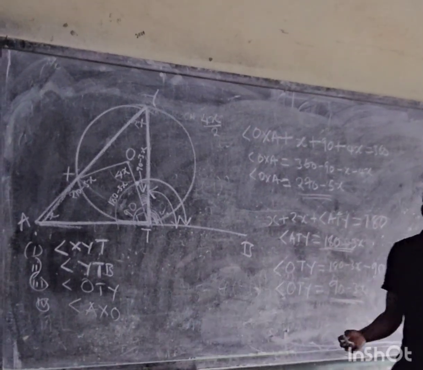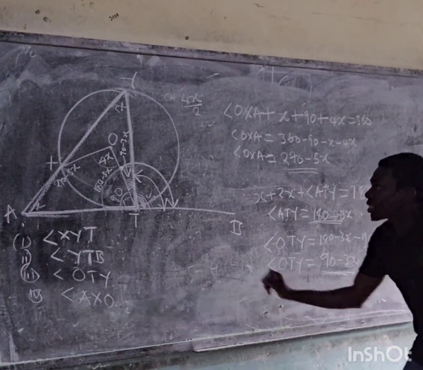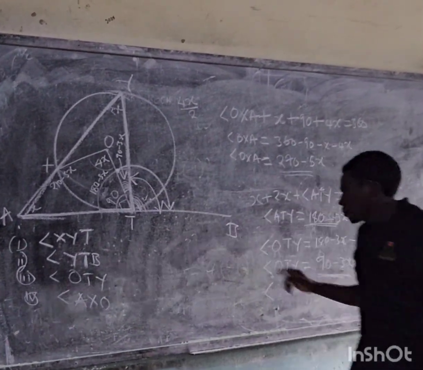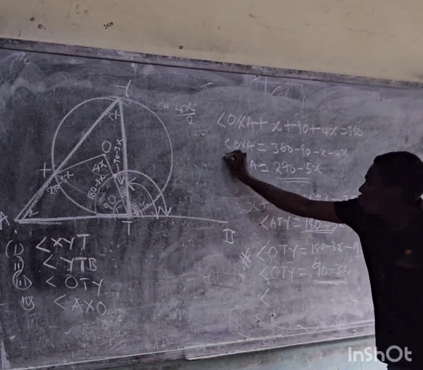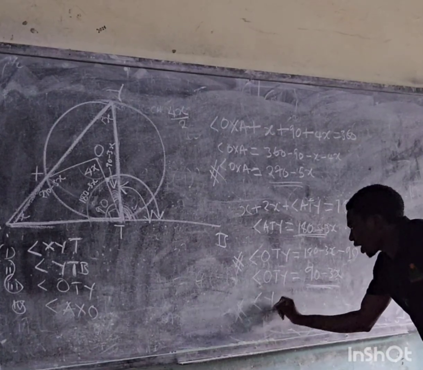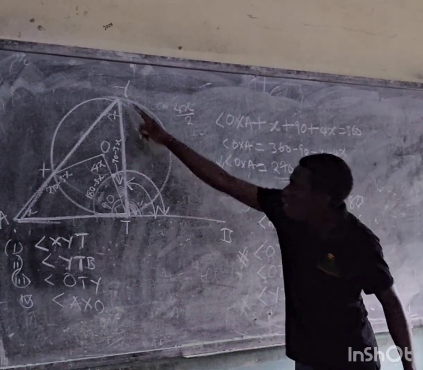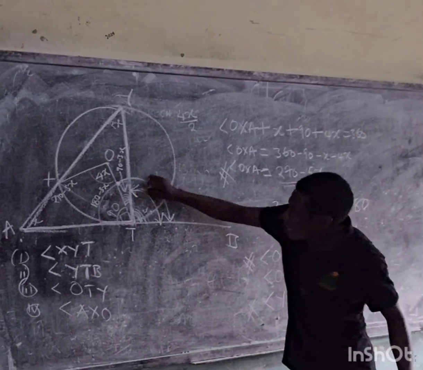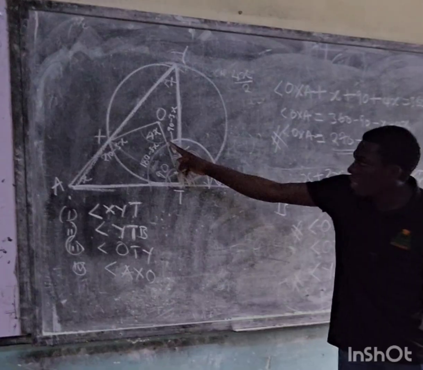Is that okay? So now we are going to say which angle is that? The one we are getting is angle YTB. So we've also gotten that. So we are going to say angle YTB is equal to, we are getting this angle here, YTB, which is the angle from here to here.